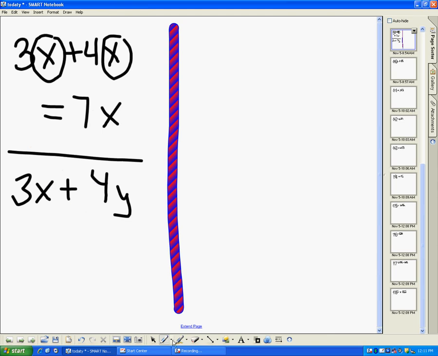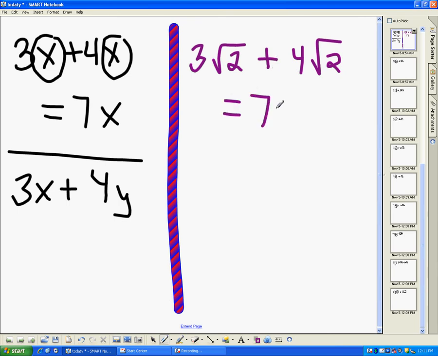Well, the same thing holds true when you're talking about radicals. If I gave you a problem that said 3 square root of 2 plus 4 square root of 2, because they have the same radicand under the radical sign, you can add the coefficients. So 3 square root of 2 plus 4 square root of 2 is the same thing as 7 square root of 2.